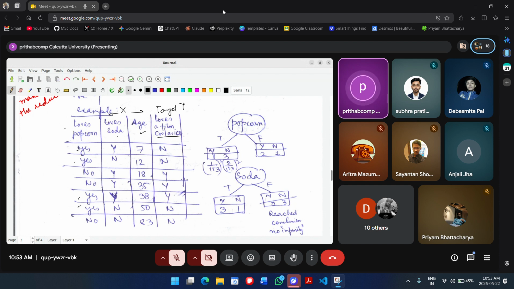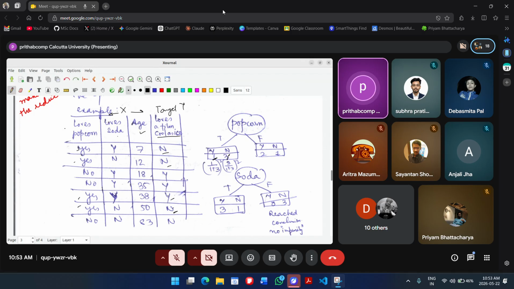So there are 4 yes parts, and among them look at whether they love the film or not. Among them this is no, this is no, this is yes, and this is no. So 3 no's are there and 1 yes is there.